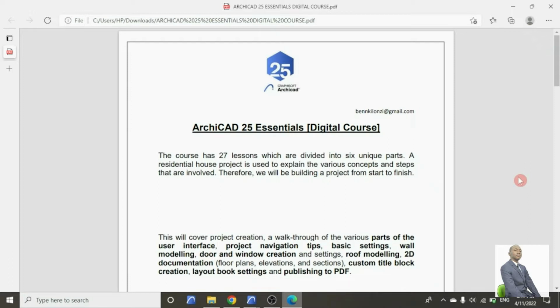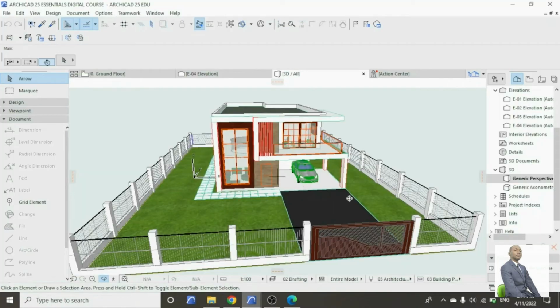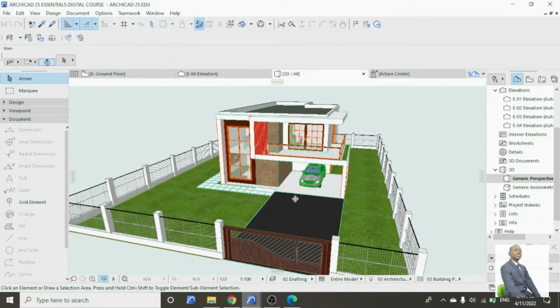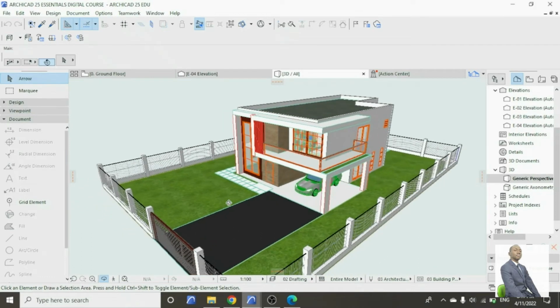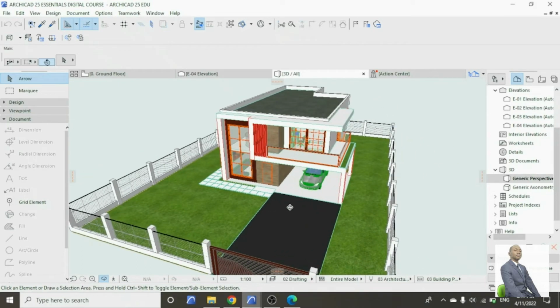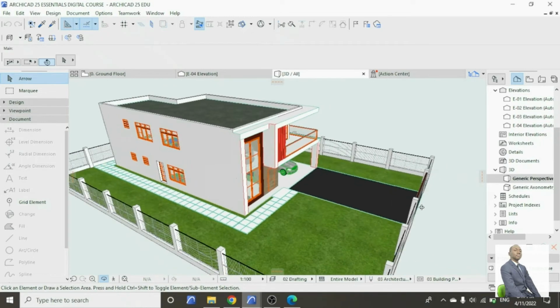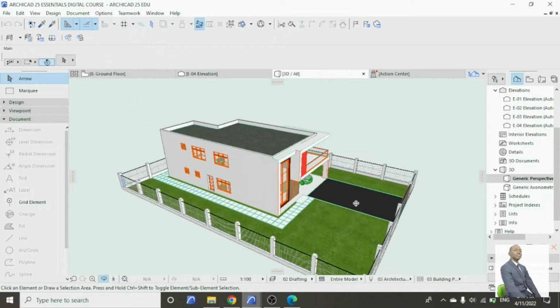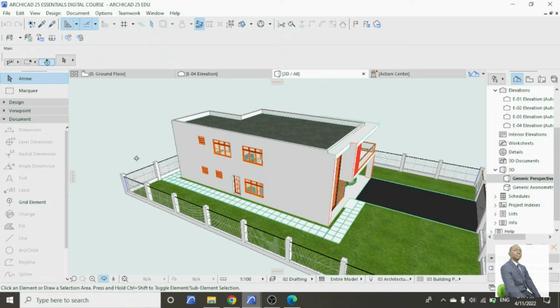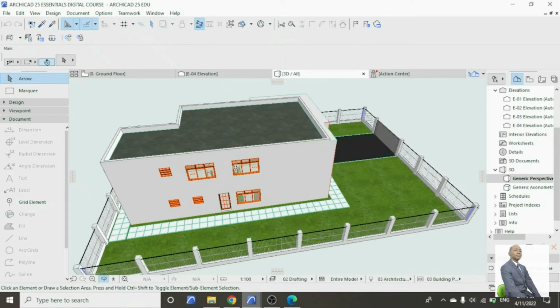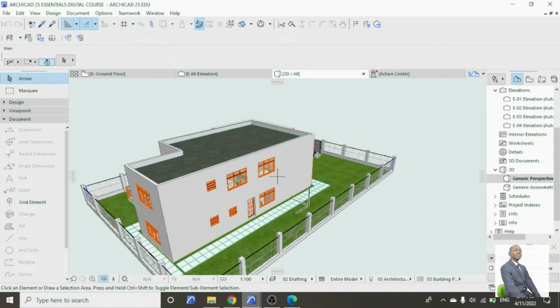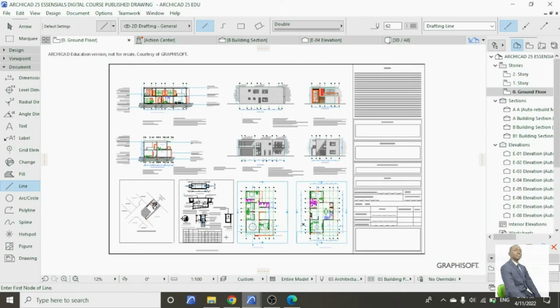This course has 27 lessons which are divided into 6 unique parts. This residential house project will be used when explaining steps and elements of ArchiCAD, and I'm going to take you through easy to follow steps of how to draw such a project.